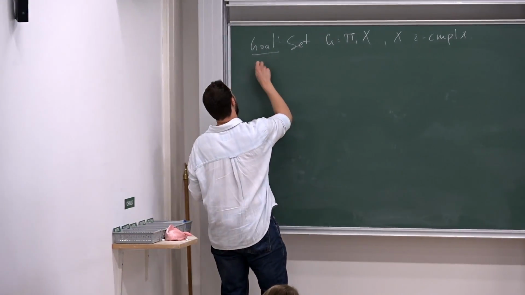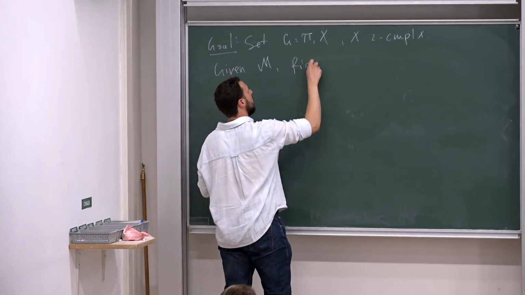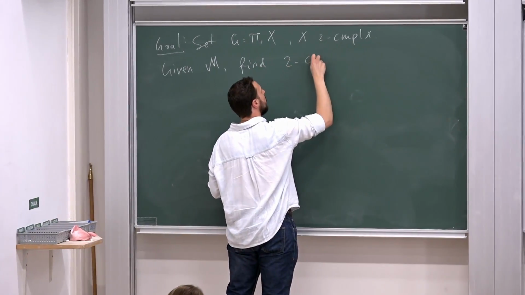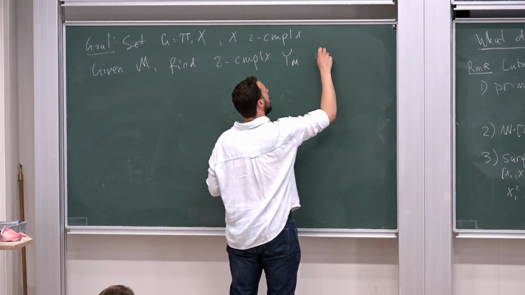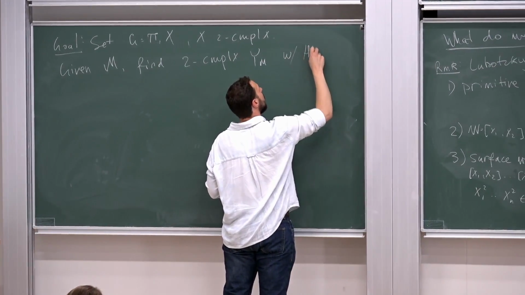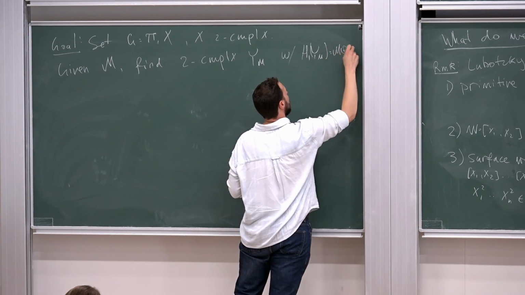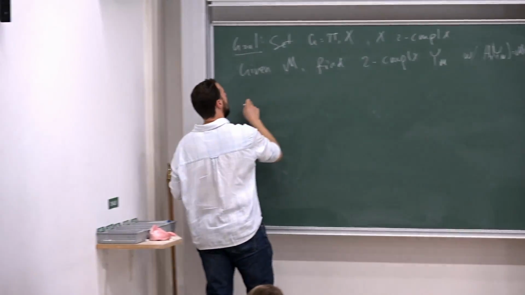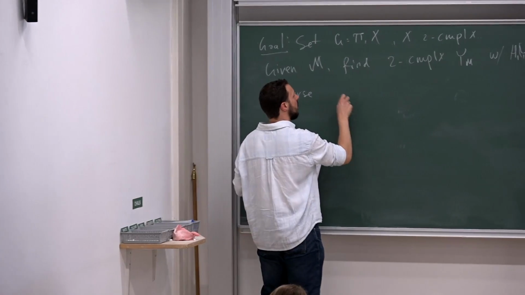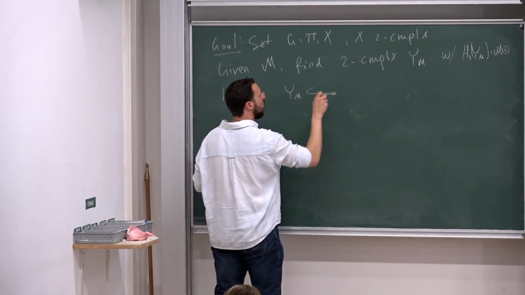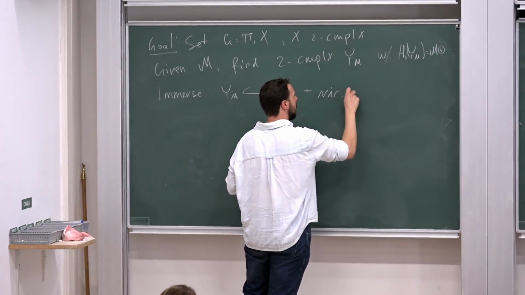And given M, we want to find another 2 complex Y_M whose first homology contains M as a direct factor, and then we want to immerse Y_M into X and finish it off with a virtual retraction.